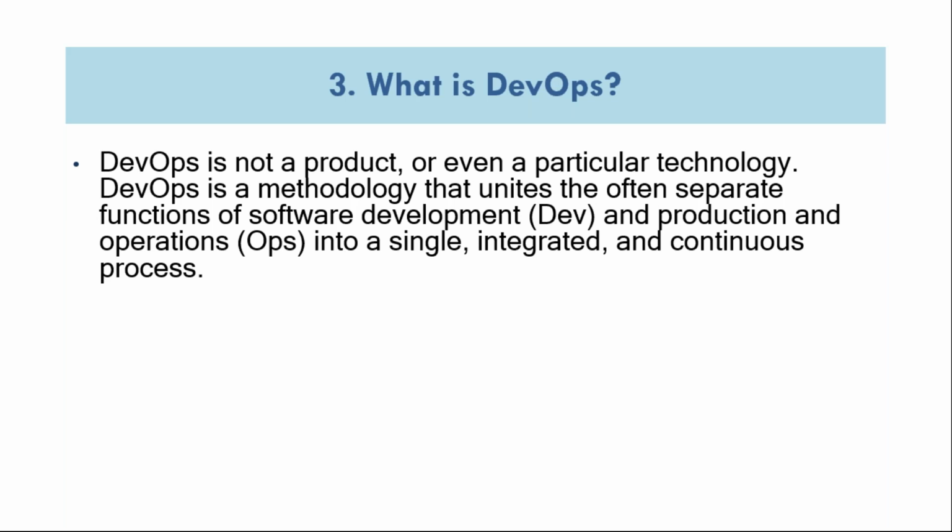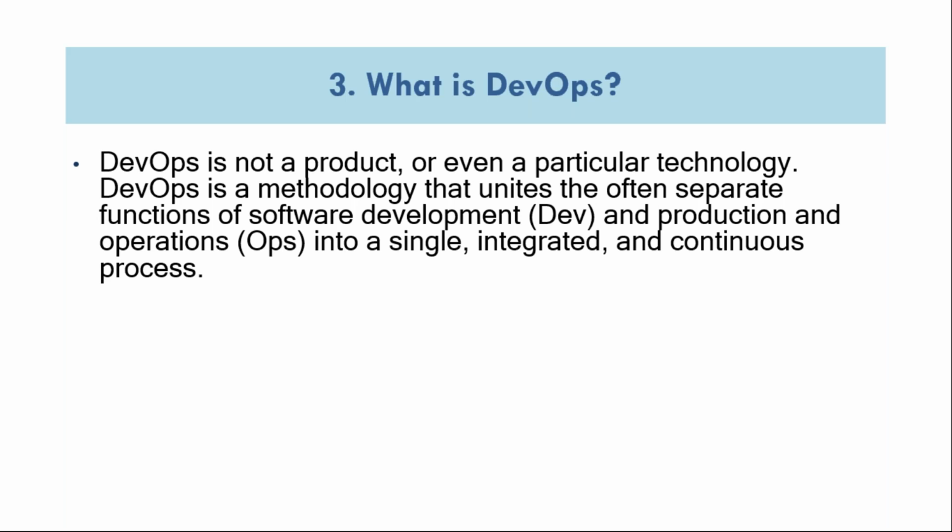DevOps is a methodology that unites the often separate functions of software development, who are going to develop, that is dev, and the production and operations, who are going to deploy.